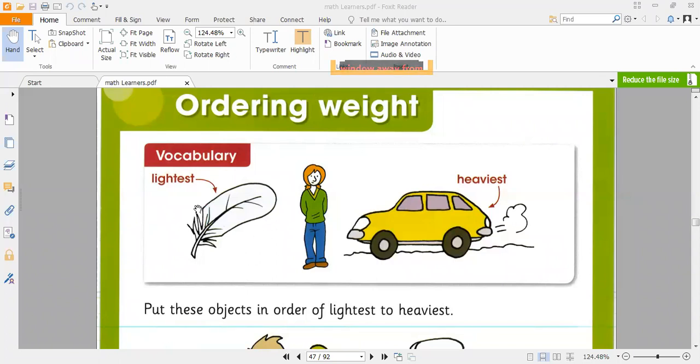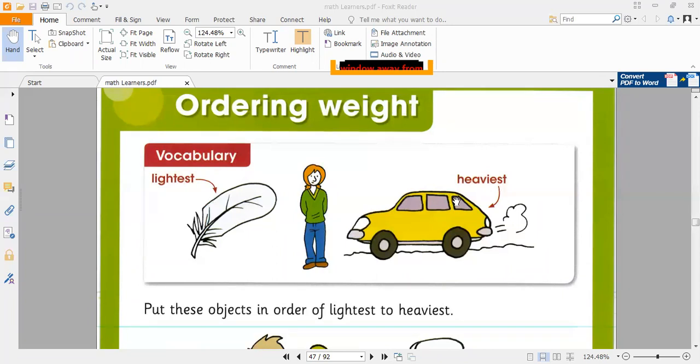As you can see in the picture, this feather has no weight. It is very light. As you see the car, and with the car we have the vocabulary word heaviest.